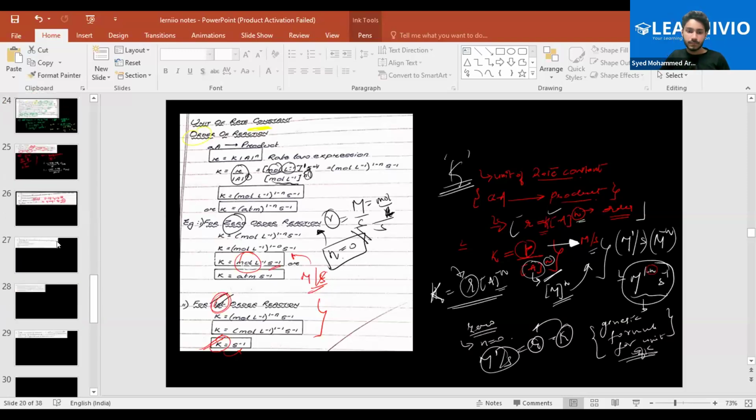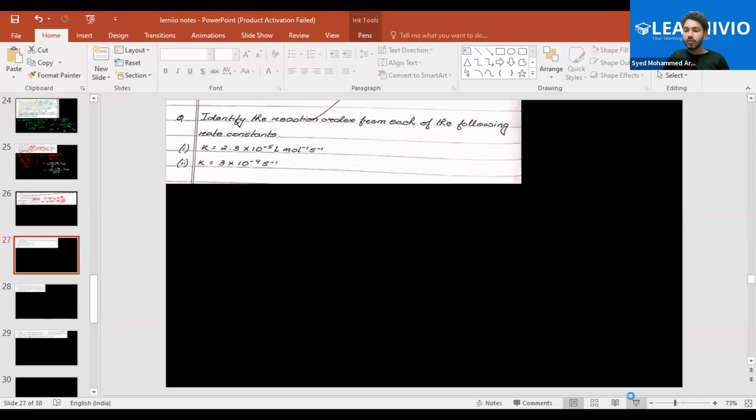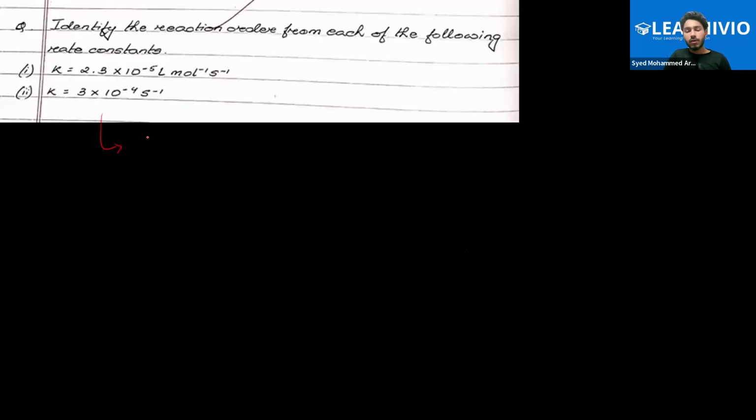So what you need to do is the formula would be M to the power 1 minus n, s minus 1. If you see here, what is written? Liter is also there.